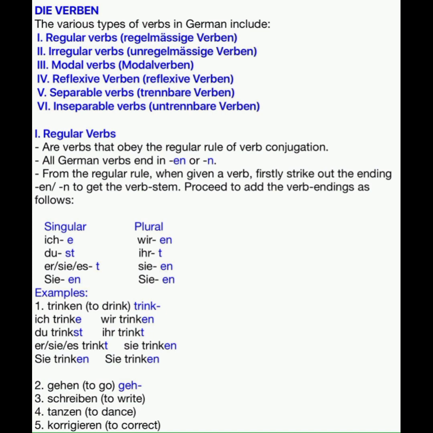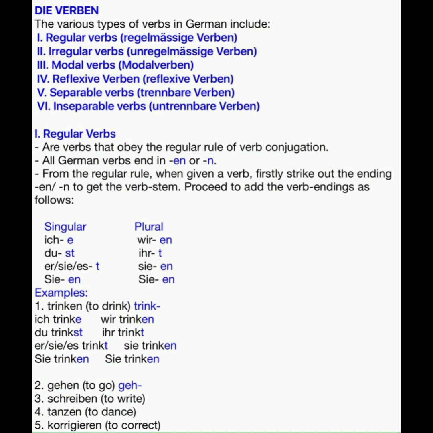And then you have Sie, capital S-I-E, which means you formal. The ending is en. Then you have wir, which means we, the ending is en. Then there is ihr, the ending is t. Sie, which means they, en, and then Sie, en.